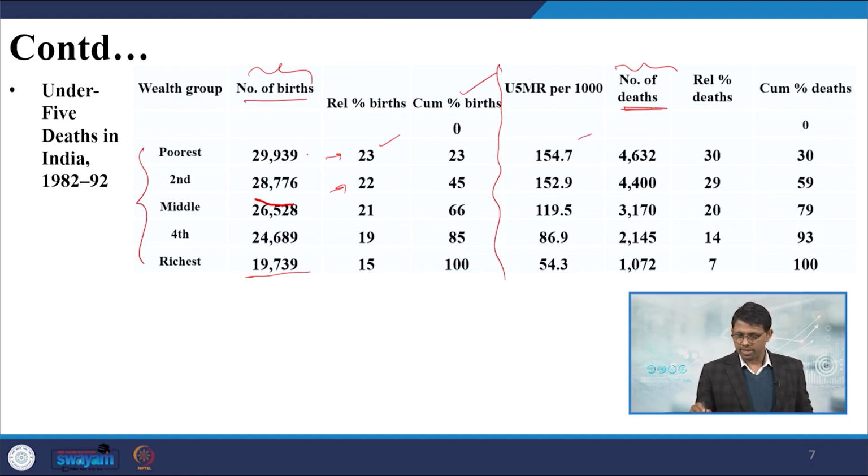Then the number of deaths in total is written against the poorest people, I mean in the bracket of poorest, then similarly for second poorest, etc. Then their relative deaths we can calculate, and cumulative death percentage we can calculate.